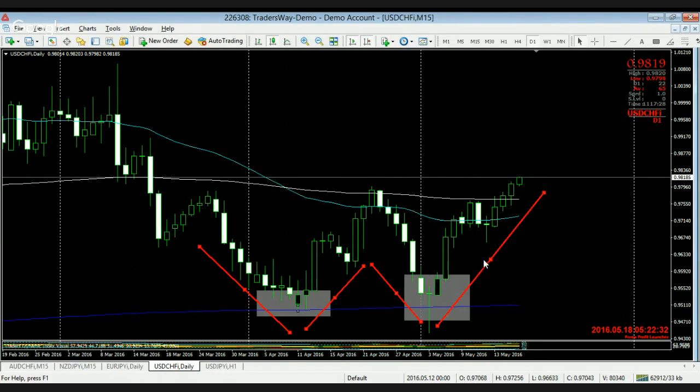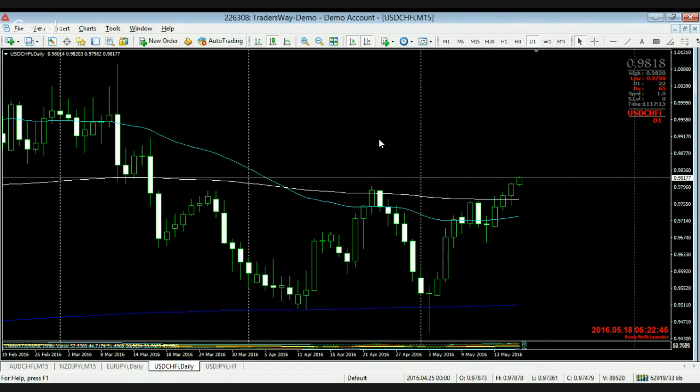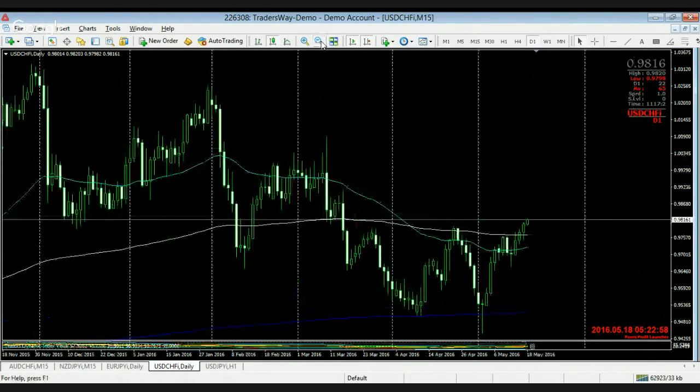Now, you guys should now be able to see it in your head. I don't need these lines anymore. I don't need these highlighted boxes. All right, so W formation here. How do you trade it? This is how you trade it. What you're going to do is recognize all the peak formations.